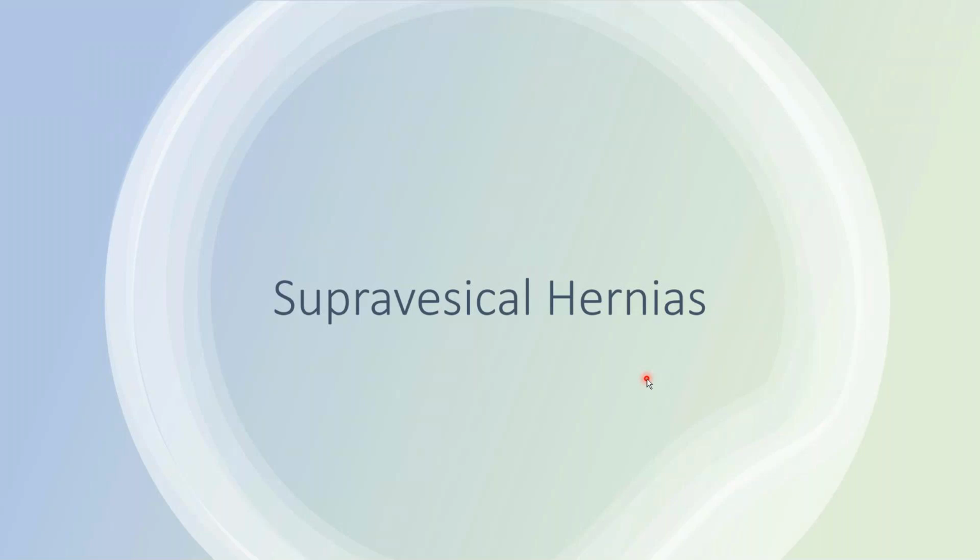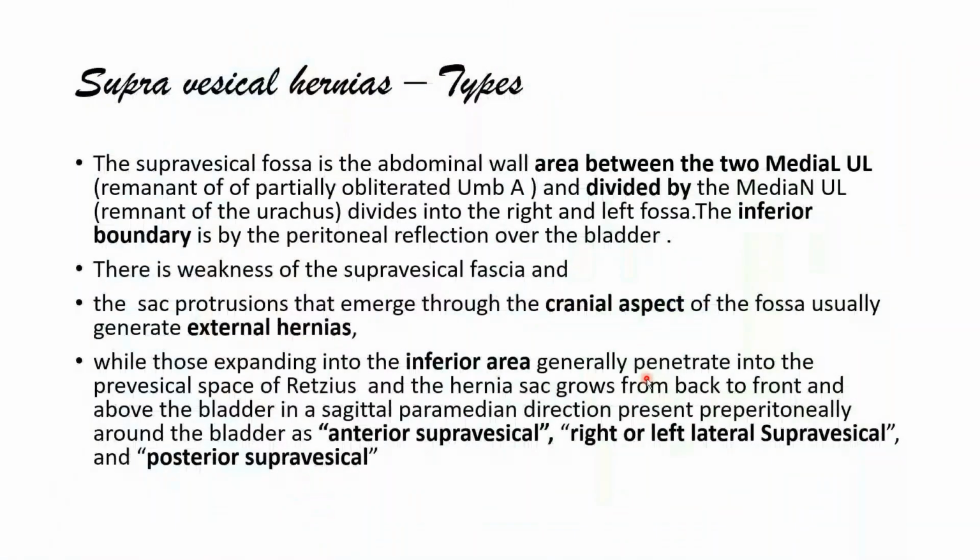The last is supravesical hernia, and there are two types. One is the external, the other is the internal. Look at the area of the abdominal wall between the two medial umbilical ligaments. Medial, remember, is part of the umbilical artery obliterated, and the median umbilical ligament, the urachus, divides it into two parts, the right and the left.